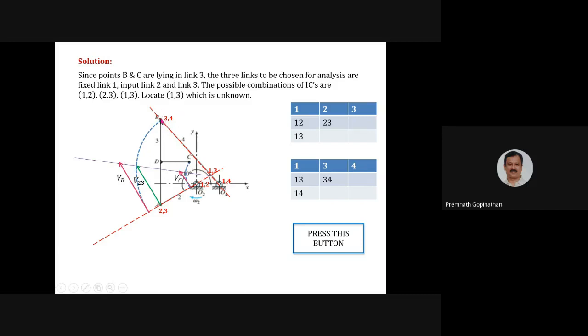So you divide this velocity VB by the distance 3, 4, 1, 4, because 1, 4 is the center of rotation of link 4. We are trying to identify the angular velocity of link 4, so you consider the center of rotation for link 4, that is 1, 4 itself. You take VB, divide that velocity by the distance 3, 4, 1, 4, and you'll get omega 4. The simple expression you are using is V equals R omega. From that you can find omega, which is V by R.